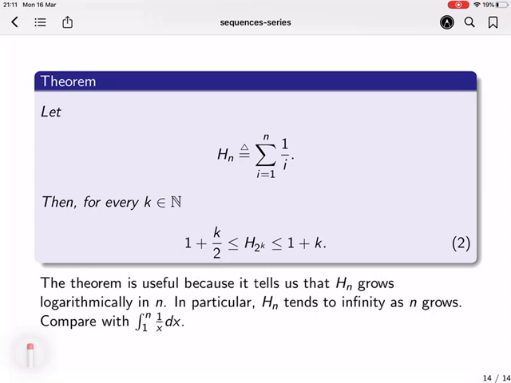And secondly, we learn that h of 2 to the power of k does not grow too quickly. It grows as the log of the subscript. Log of 2 to the k, base 2, is k. So it's roughly log of the number of elements we're adding. Okay? Good. How do we prove this theorem?